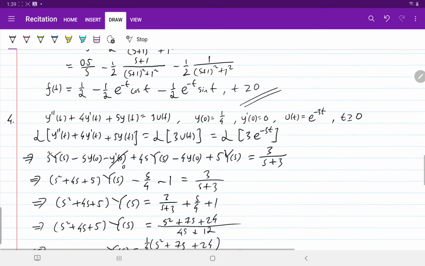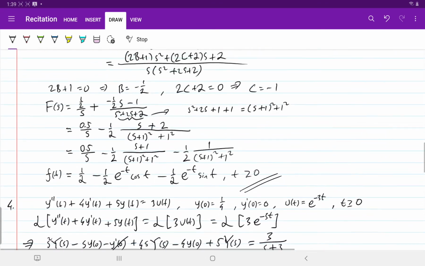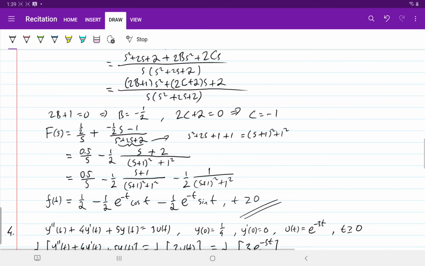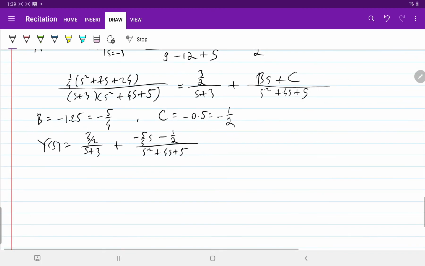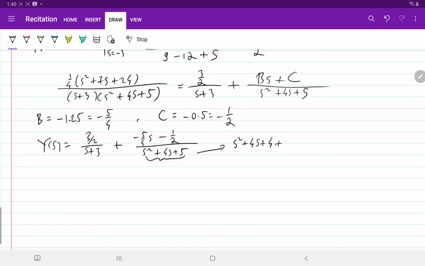So we need to express this polynomial into this kind of form. This polynomial is equal to s squared plus 4s plus 4 plus 1, right? S plus 2 squared plus 1 squared.